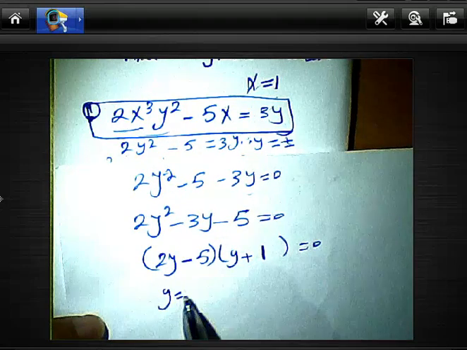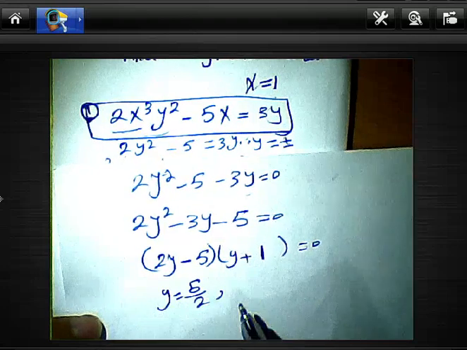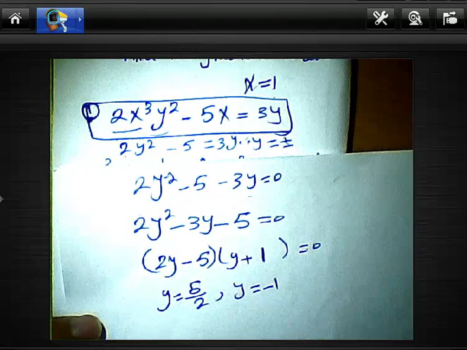So y will be 5 over 2 or y equals negative 1.